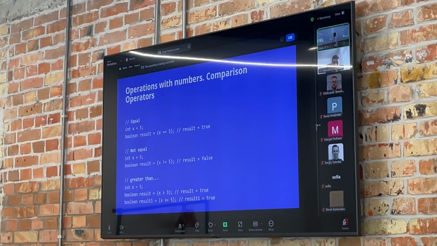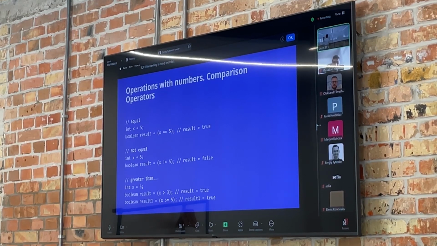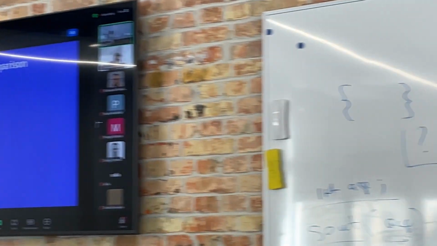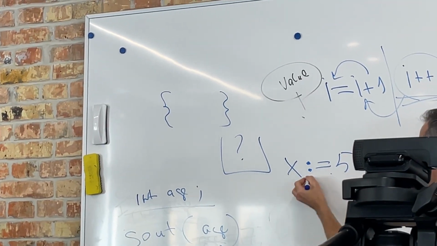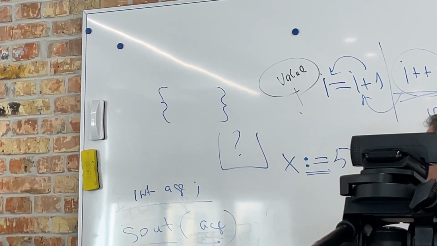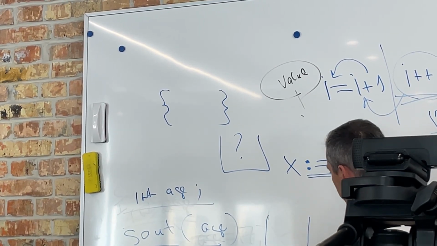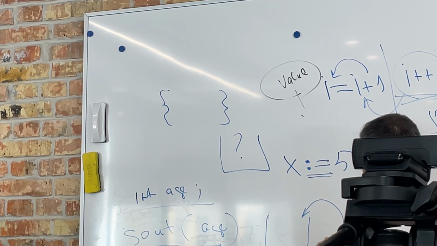So why does Pascal use that tricky assignment operation? If I want to put a value into a variable, what do I use? This one. This is assignment. I put into my box named x the value of 5.